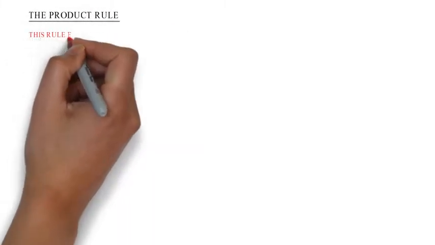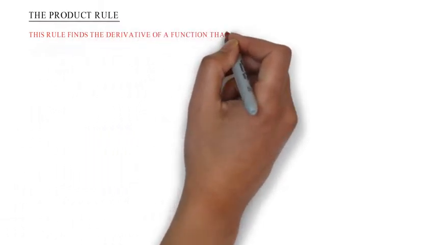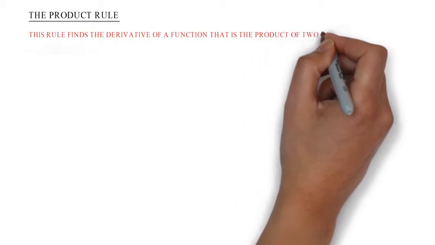The product rule. This rule finds the derivative of a function that is the product of two separate functions.